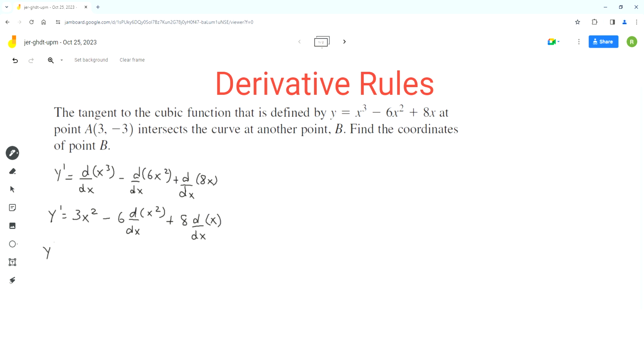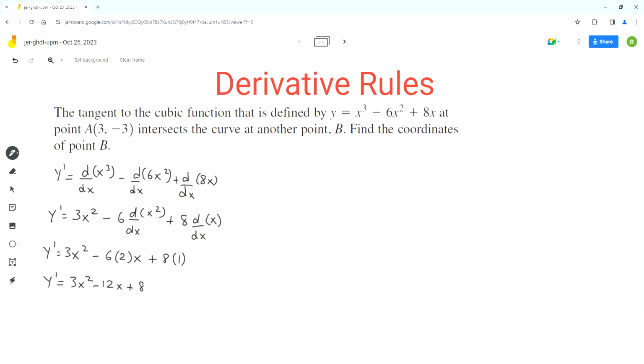Now in the next step, we can use the power rule. So 3x squared, then we'll get 6 times 2 times x, and then plus 8 times 1. The derivative of x is just 1. So we can simplify this expression as y prime equals 3x squared minus 12x plus 8. So this represents the slope of the tangent.